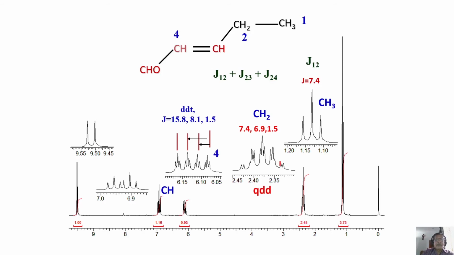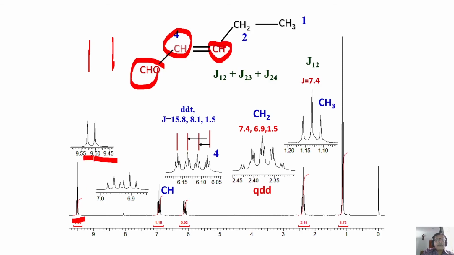Next one, we have to see this proton. This proton has a long range coupling, a large coupling with this one. It is a doublet. Very clear. It has to be a doublet like this, because of this. But remember, if you look at the CHO proton which comes downfield, this CHO is a doublet.